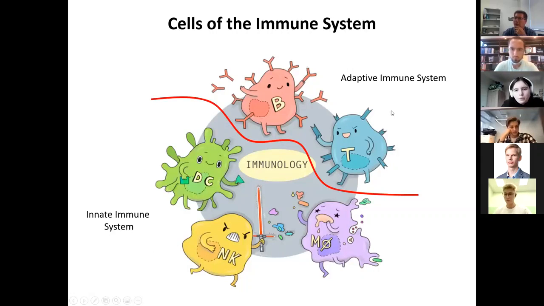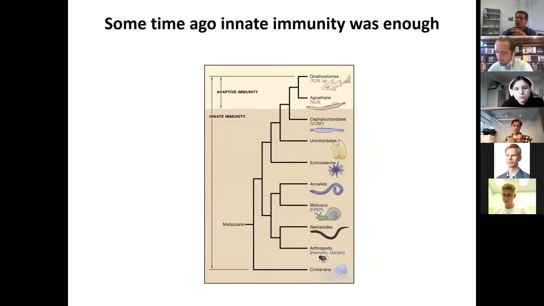And then the split here is that there are two components of the immune system, the adaptive immune system and the innate immune system. The easiest and most well-defined way to distinguish them is by looking at the evolutionary perspective.